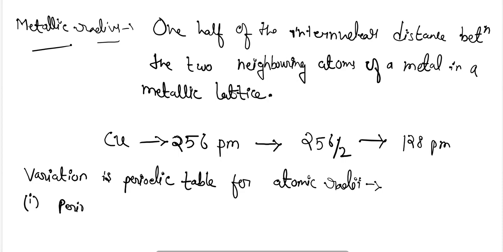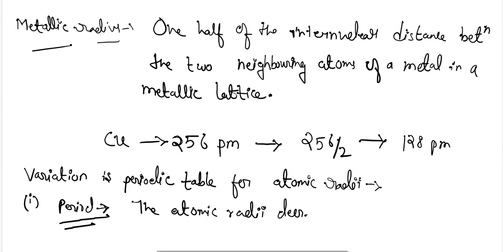Which kind of variation will be seen there? We will observe that the atomic radii decreases with increase in atomic number along a period.